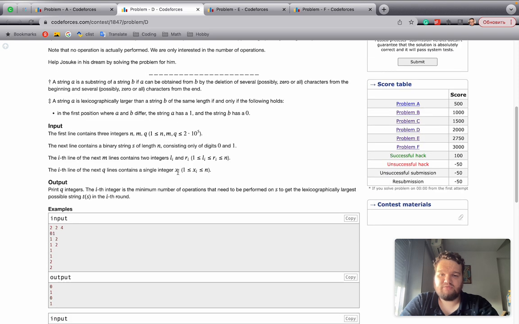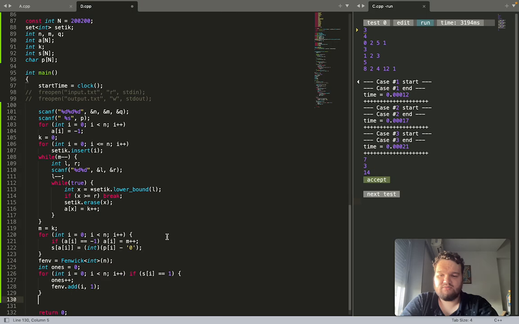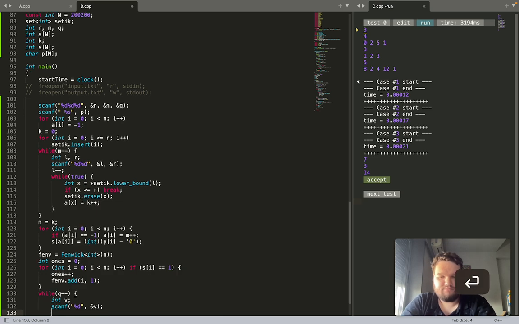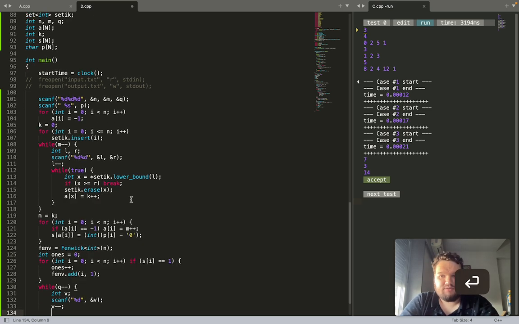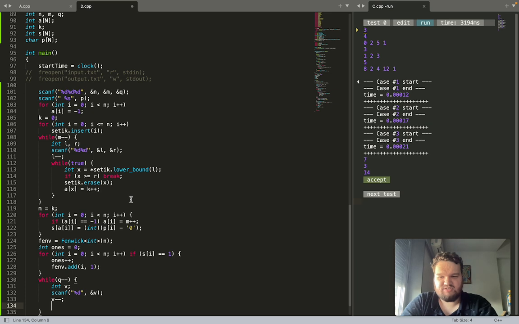Then in each query I am asked to flip one bit. The actual position where it is stored is A of V.